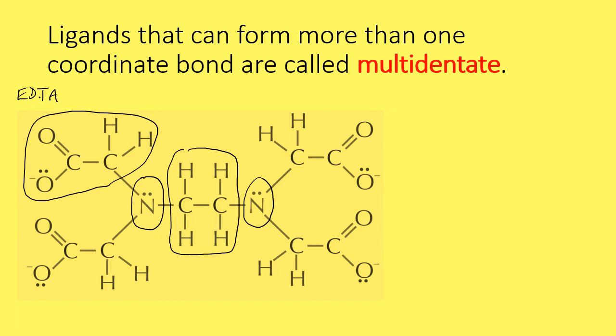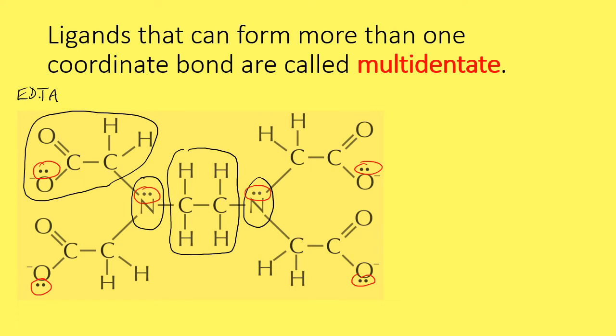Now let's change colour and have a look at all the lone pairs. So we've got a lone pair on this oxygen of the ethanoate ion. There's another one here, and another one here, and another one here. So each of the ethanoate ions has a lone pair on the oxygen that has lost its hydrogen. But there's also on the 2 nitrogens another pair of lone pairs.